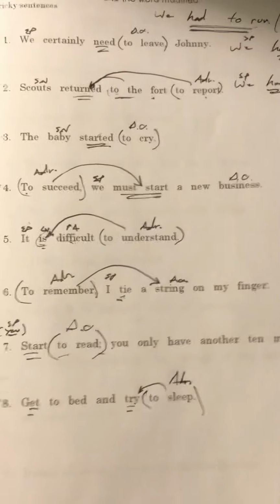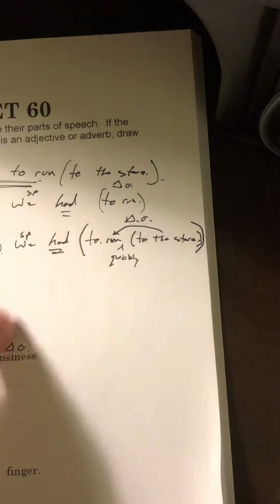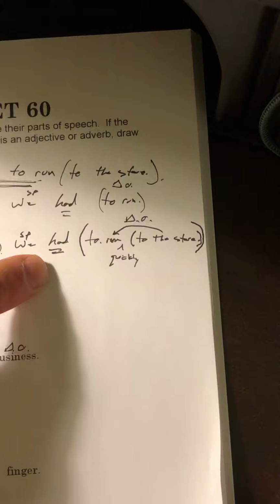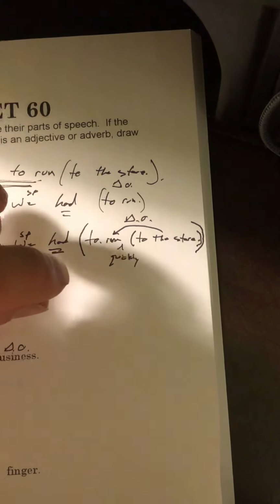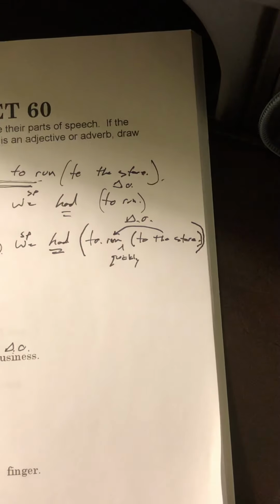So what's interesting here, class, actually, is infinitives are actually a little easier to understand, strangely enough, when they're a little more complex, like I showed you up here. I actually think that as you add in other pieces, you realize a little more clearly what's going on. To run quickly to the store, to run to the store quickly. And you can start to see that action or that thing taking place in your mind.